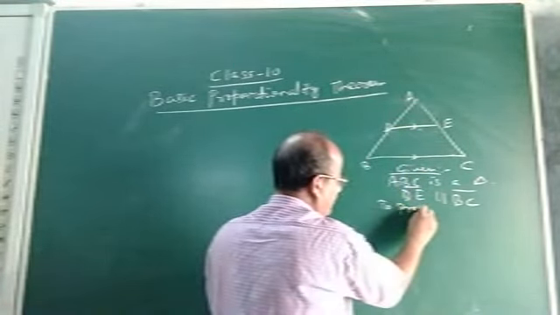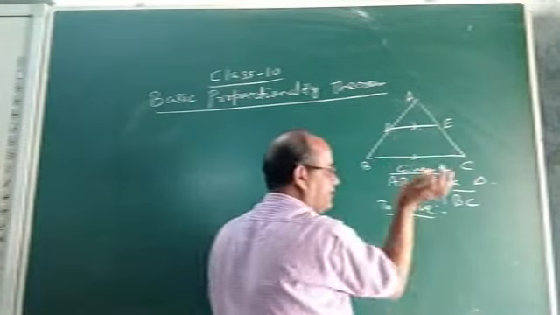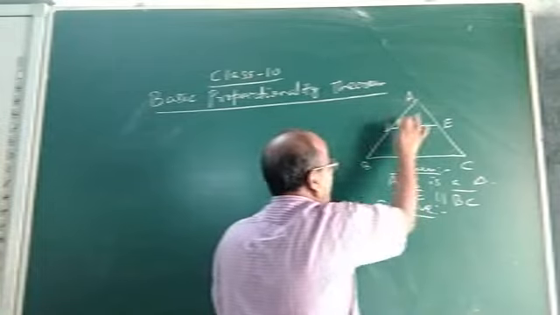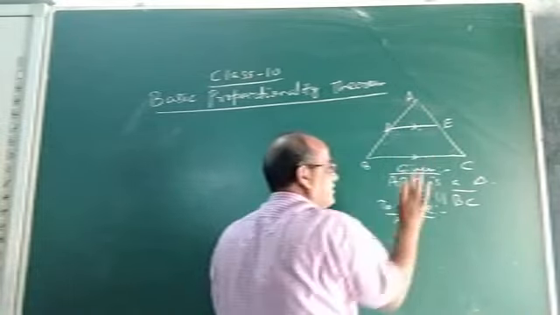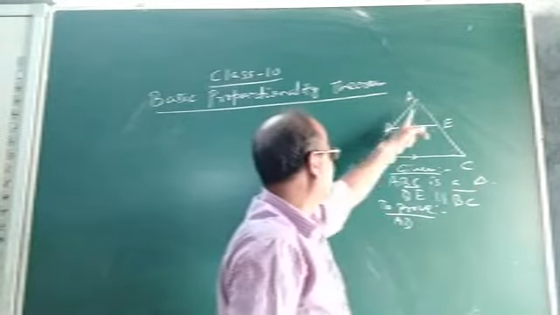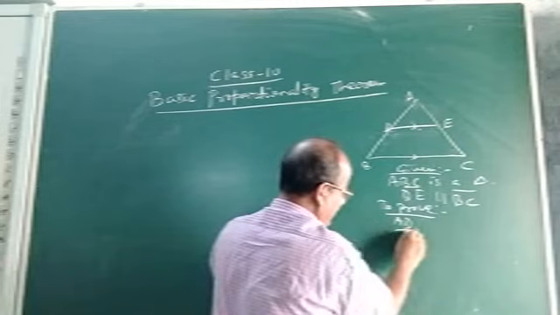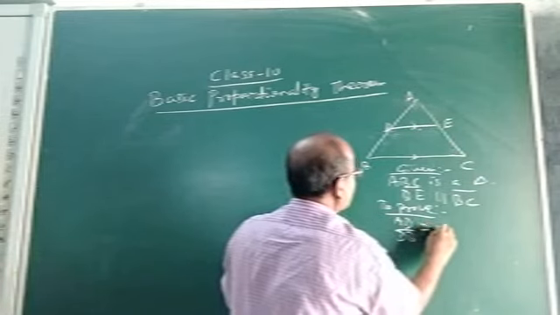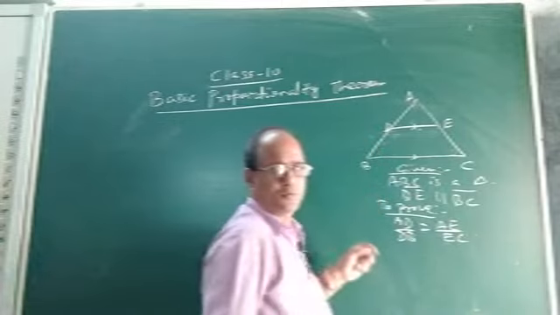We have to prove that DE divides AB and AC in the same ratio. If we say DE divides AB and AC in the same ratio, what does it mean? It means AD by DB will be equal to AE by EC. So how to prove AD by DB equal to AE by EC? Let us see how to prove.